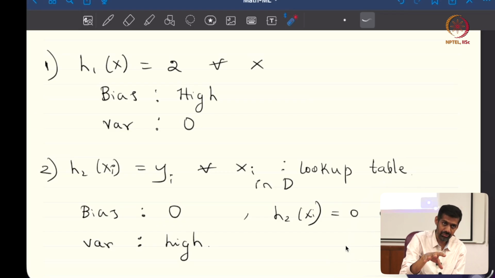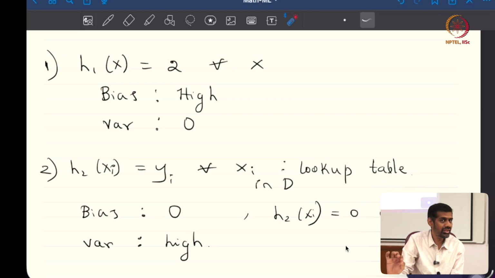If you have infinite samples, you can actually make both bias and variance arbitrarily low. But typically, the so-called trade-off that people talk of always happens because we are operating with small samples and small models. If you try to reduce the bias, the variance sort of increases and the other way around. Please note that it's a misnomer that there is a trade-off between bias and variance. There is no trade-off algebraically.